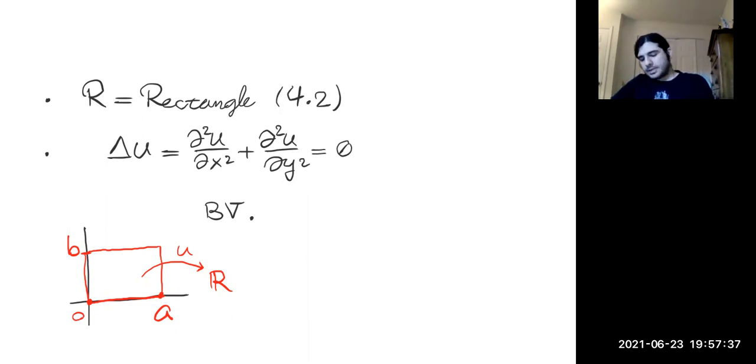So I should say what u is, for example, on this line. Let's start with this blue segment. On it, y is 0, so the points on this blue segment are described by x and 0. Let's say u(x, 0) is equal to some f1 of x, where x can change from 0 to a.